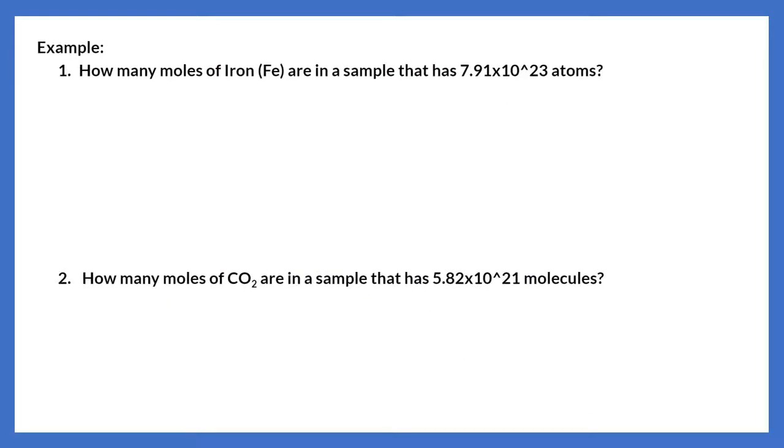Okay, so let's practice. First example, how many moles of iron are in a sample that has 7.91 times 10 to the 23rd atoms? So we always start with what we have. We know that we have 7.91 times 10 to the 23rd atoms.